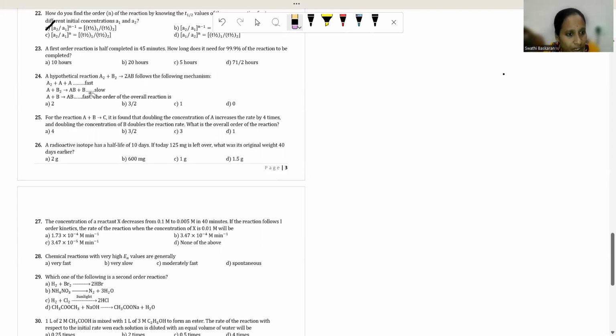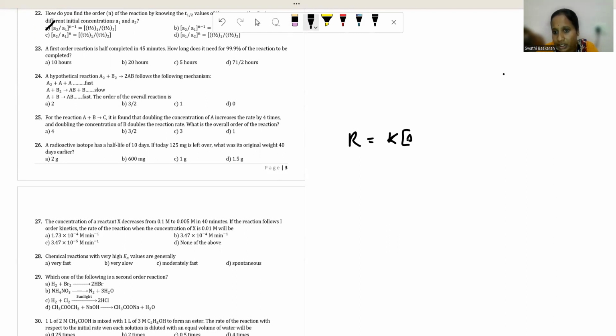So how do we write the rate for the slow step? Basically, according to rate law, rate is equal to K into the concentration of the reactant terms, correct? So in the slow step, who are the reactant terms that you have?